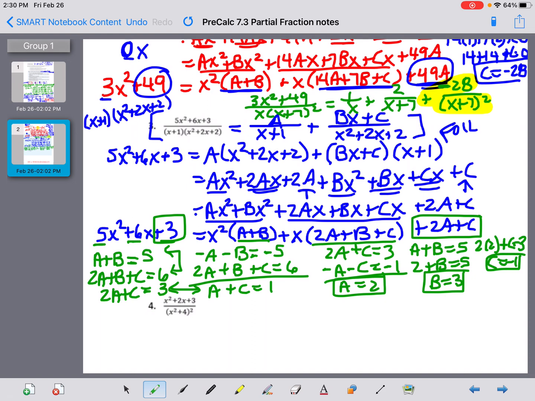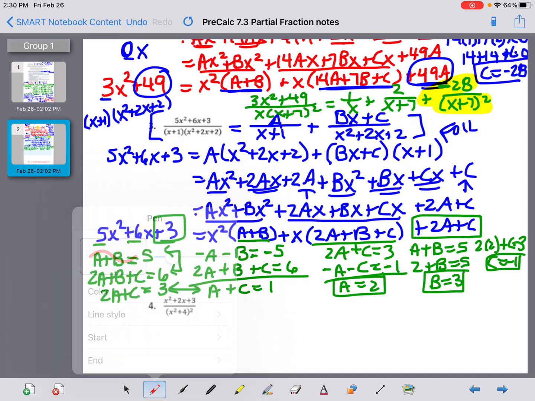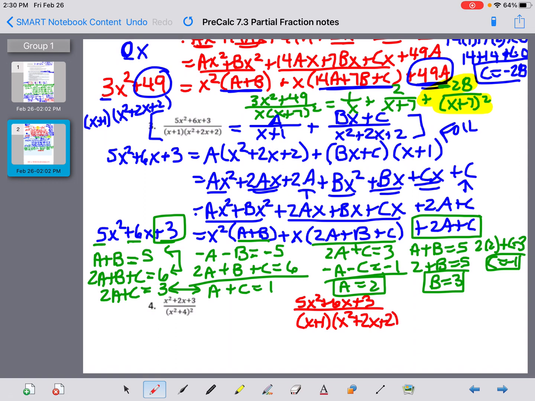Now I need to rewrite it. Now remember, this is going to look slightly different than what we saw before, okay? So as I rewrite this one, I get 5x squared plus 6x plus 3, that's what I had on top of x plus 1 times x squared plus 2x plus 2. I'm breaking this down, decomposing it.